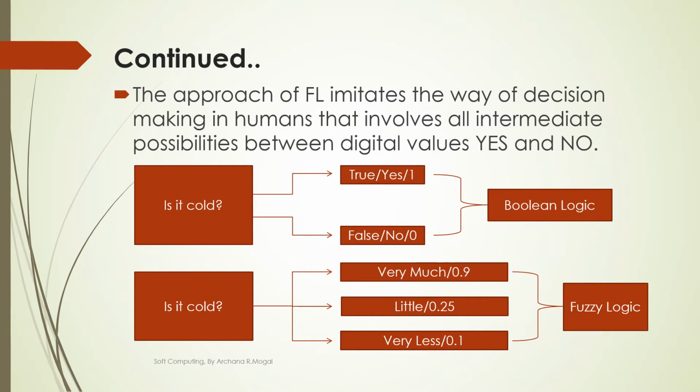In fuzzy logic, we may say that it is very much cold, it is little cold, or it is very less cold. This is the fuzzy logic. Boolean logic values are yes or no only, 0 and 1, and in fuzzy logic there is a value certainly yes, possibly no, can't say, possibly yes, etc.